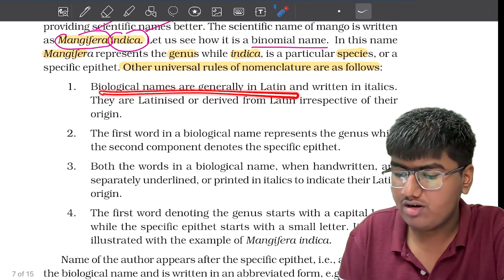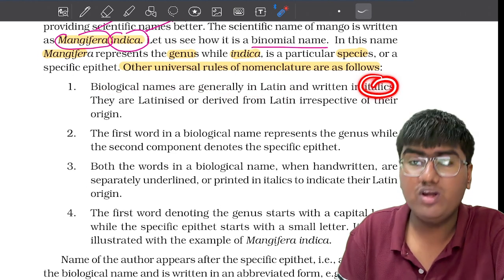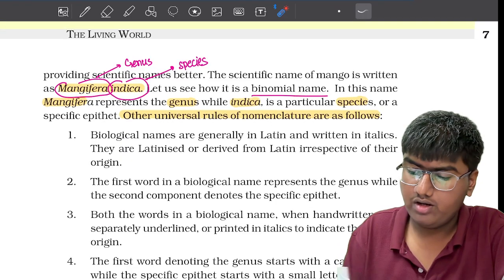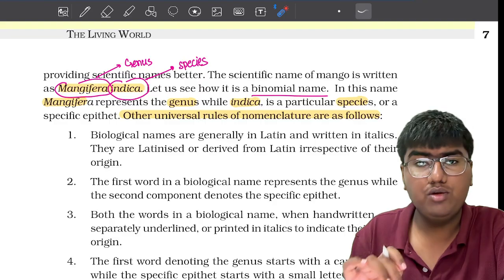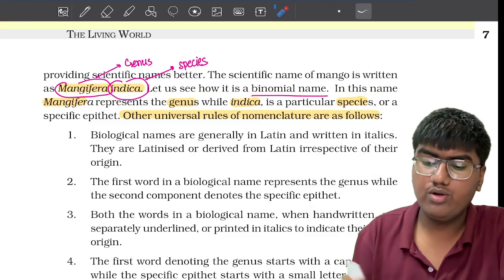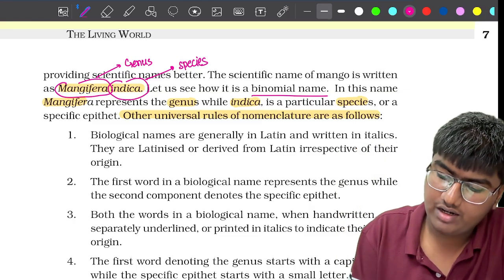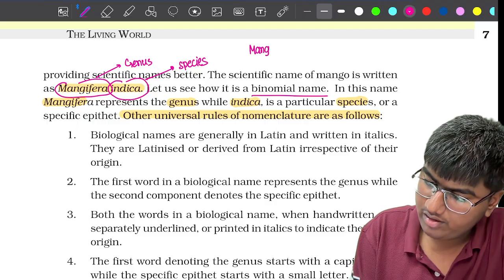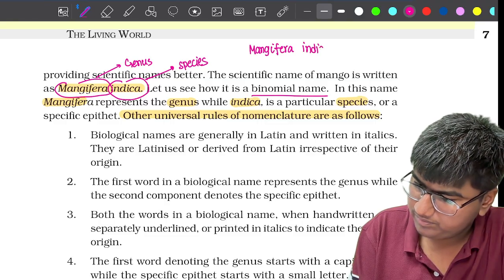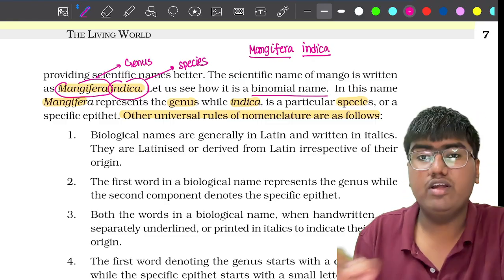Biological names are generally in Latin and written in italics. When typed, you write it in italics, and when handwritten, you need to underline the words separately. For example, if I'm writing it, you need to write Mangifera indica and underline each word separately when handwritten.